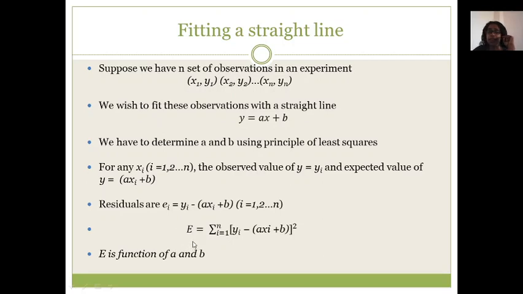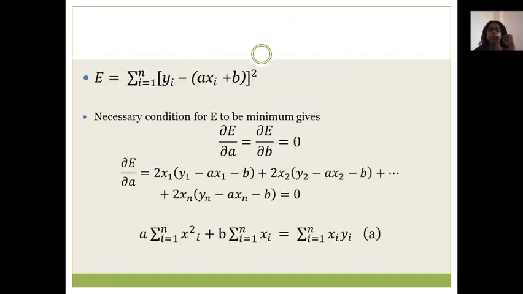Here we can see that E is a function of a and b. Let's see further. Once again, we remember the equation for capital E is equal to the sum of yi - (axi + b), the whole squared.